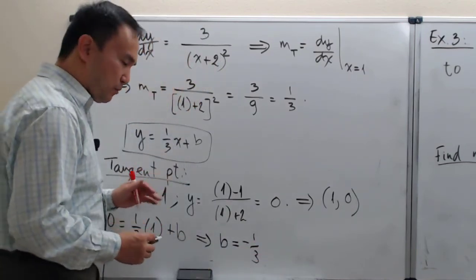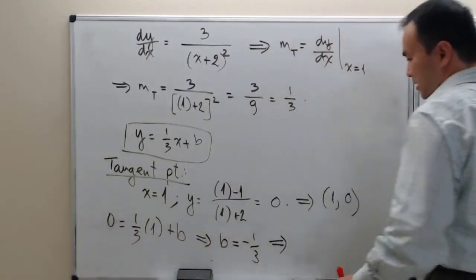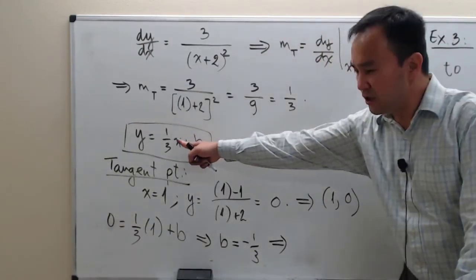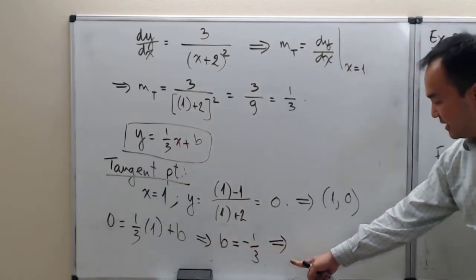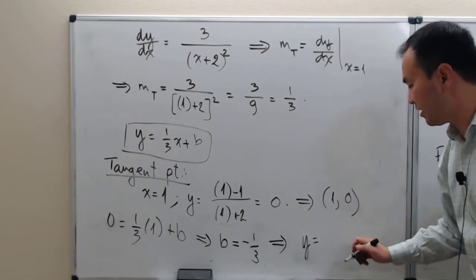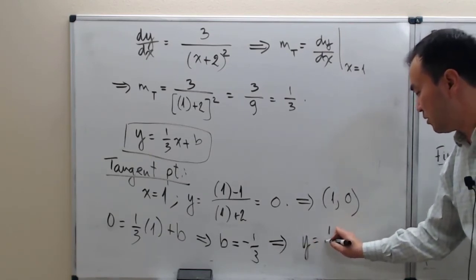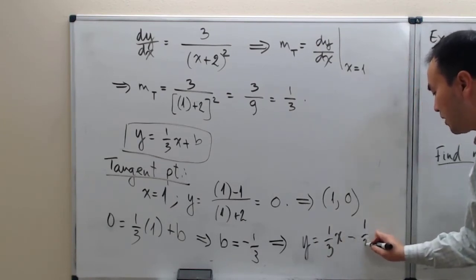And so now at this point, we are ready for completing our equation. So we got slope being 1/3, and we just now found that our y-intercept value is negative 1/3. So the final equation of the tangent line is y equals 1/3 x minus 1/3.